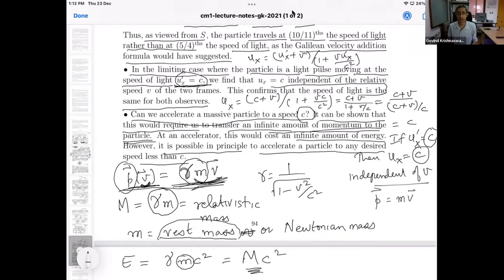So if m was zero, then massless particles cannot carry momentum. It's not a very meaningful concept, massless particles. Whereas in the relativistic theory, it is possible to discuss a particle whose mass is zero, but which is traveling so fast, namely at the speed of light, that gamma has gone to infinity, such that the product gamma m is finite and non-zero, so that the particle can have non-zero momentum.